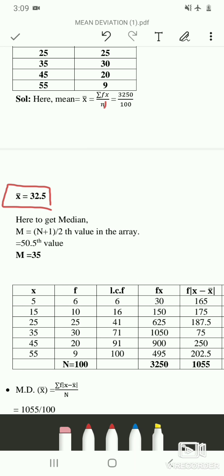To get the median, the formula in case of discrete data is (N plus 1) upon 2 th value in the LCF.